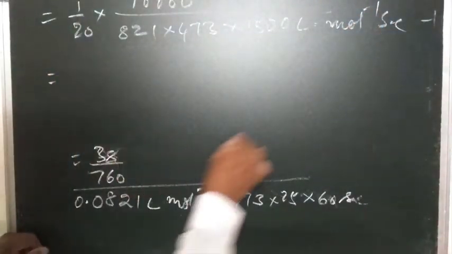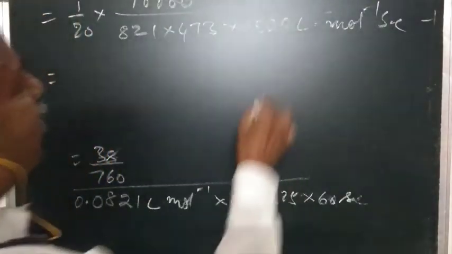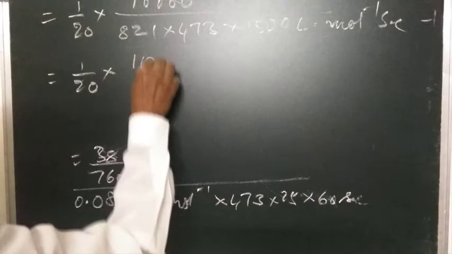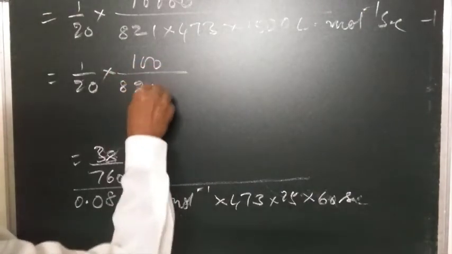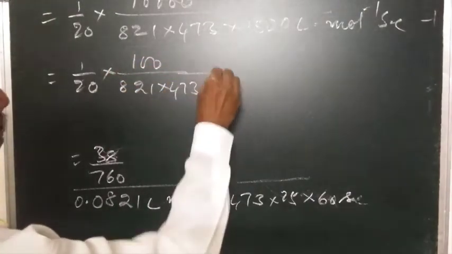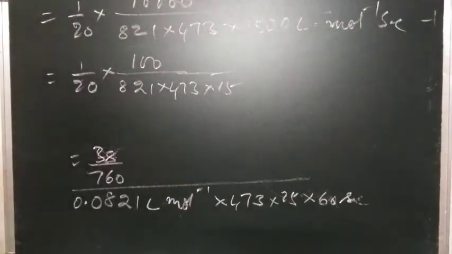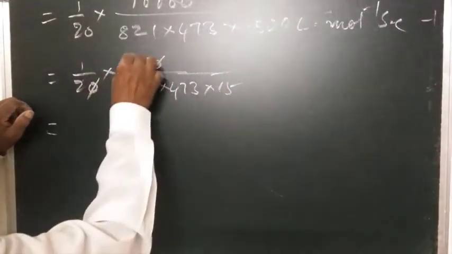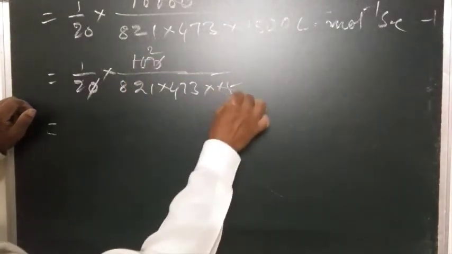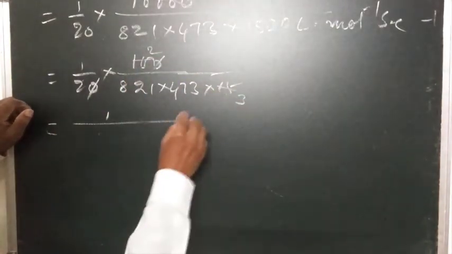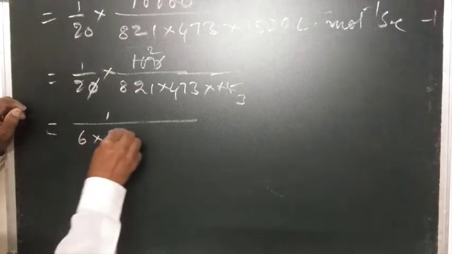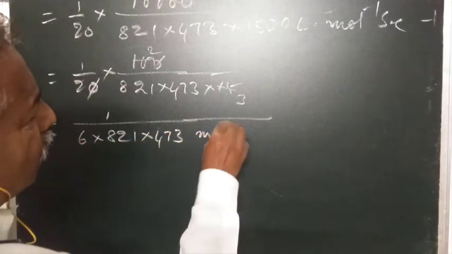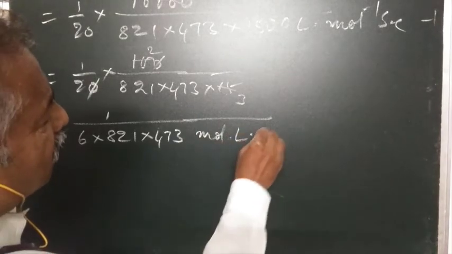So 2 zeros get cancelled here. So 1 by 20 into 100 by 821 into 473 into 15. This is nothing but 0 get cancelled here. So this is 1 by 236 into 821 into 473 mole liter second.